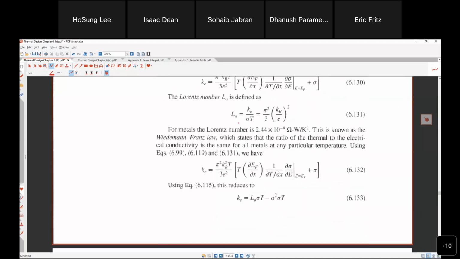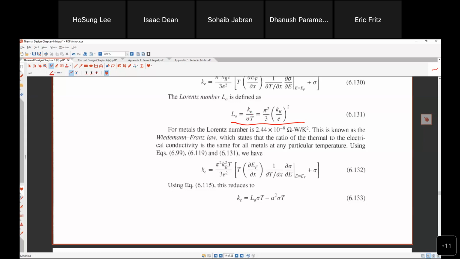And when we define here at this moment the Lorentz number, the Lorentz number is electronic thermal conductivity over electrical conductivity.